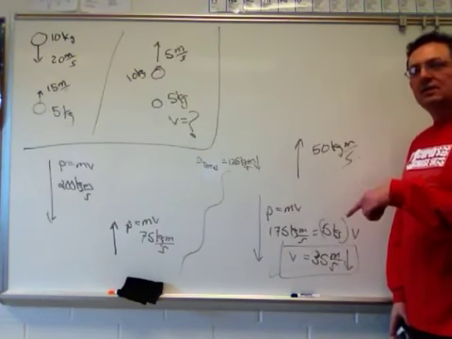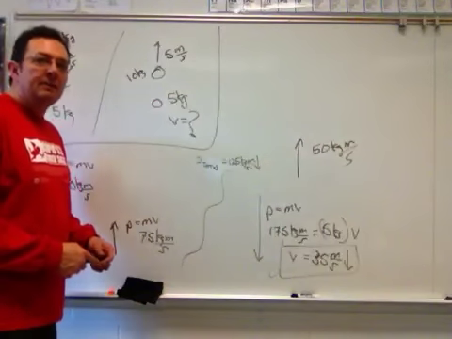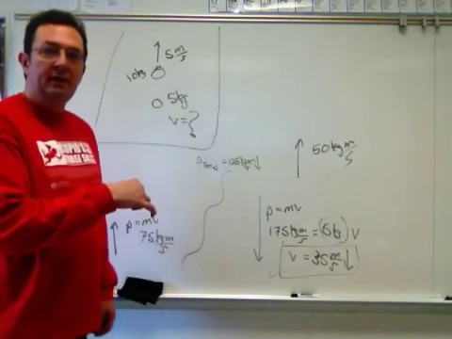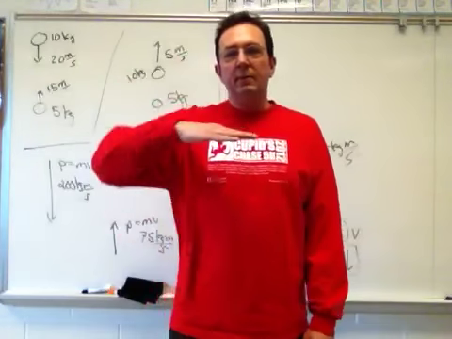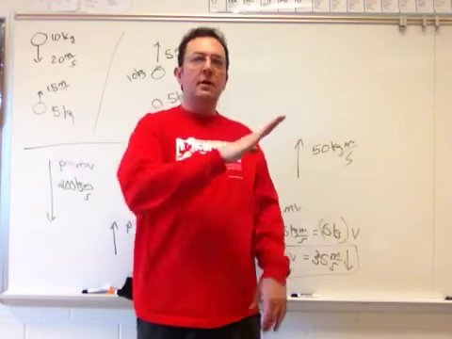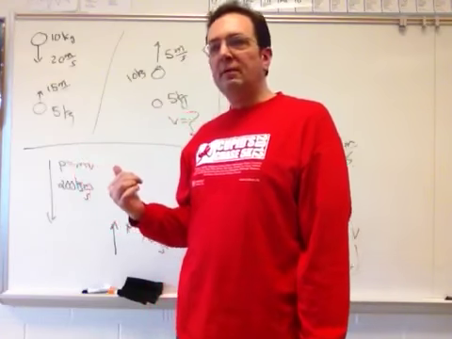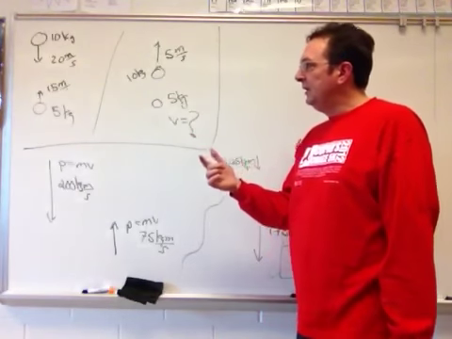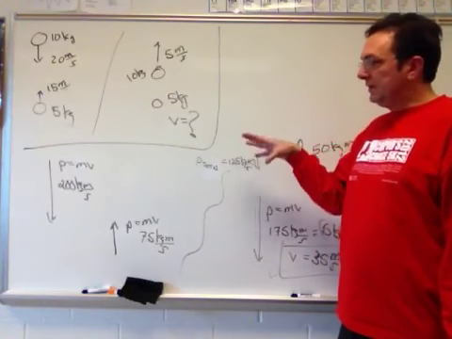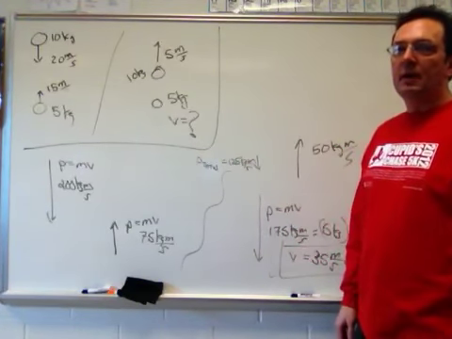This might actually allow our lower-level students in conceptual class, regular class, to be able to solve these. I solve the two-dimensional problems, where one comes in, hits another one, and they go off in different directions, in a couple of different videos. They'll be linked down below in the description. But this is a method that we can use for all the conservation of momentum problems that we have.